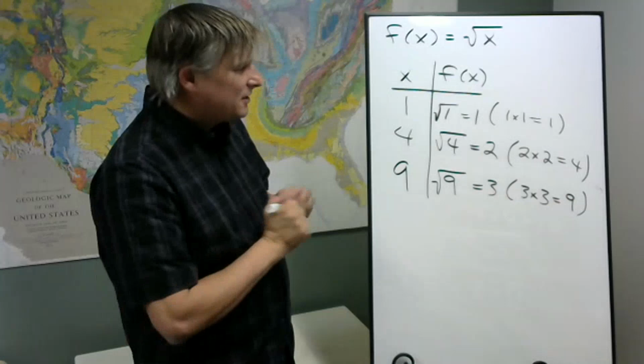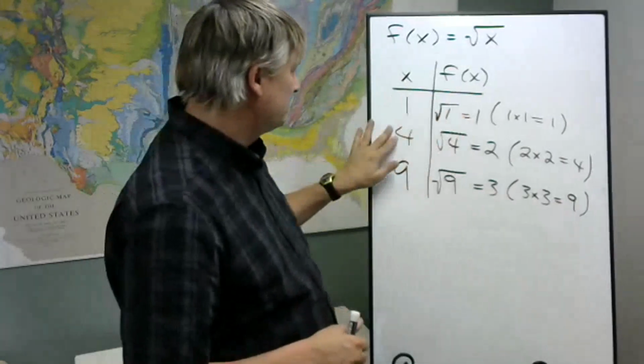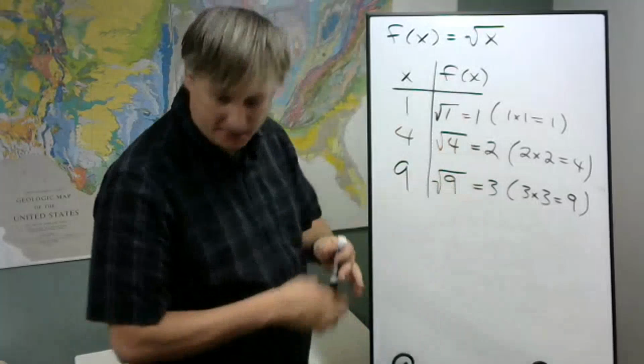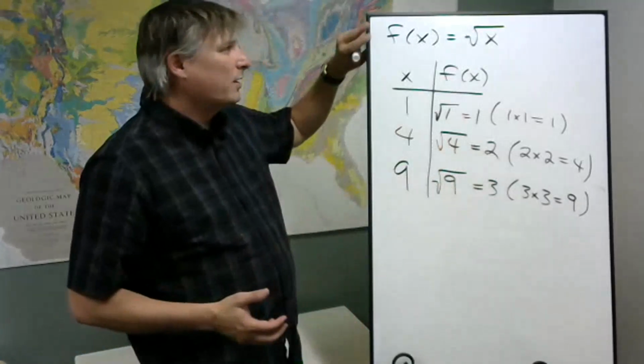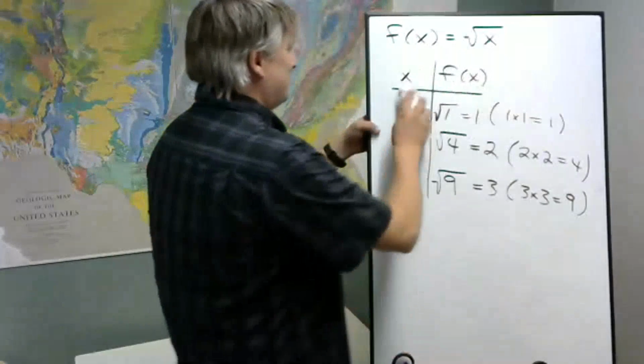So using these 3 numbers, or these 3 points, 1 and 1, 4 and 2, 9 and 3, we can get an idea of what this looks like.